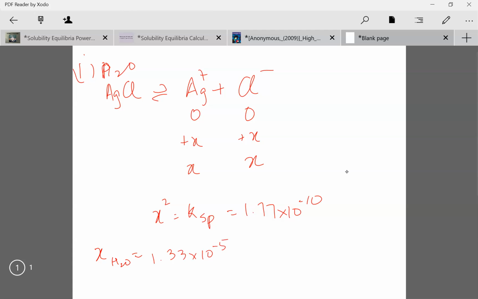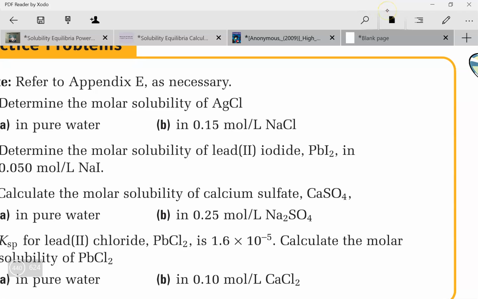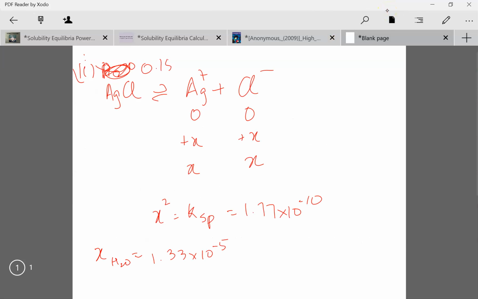The next case we are going to do, we're just going to modify this a little bit. We're going to say part 2, and that's 0.15 NaCl, which basically, again, soluble salts, is 0.15 molar Na plus and 0.15 molar Cl minus. And the thing we're concerned with is the Cl minus, because that's what affects this equation right here.